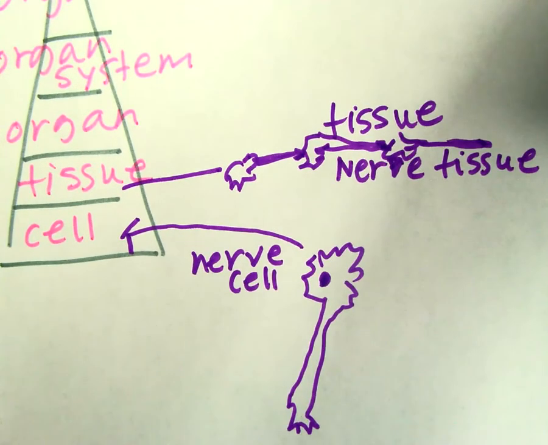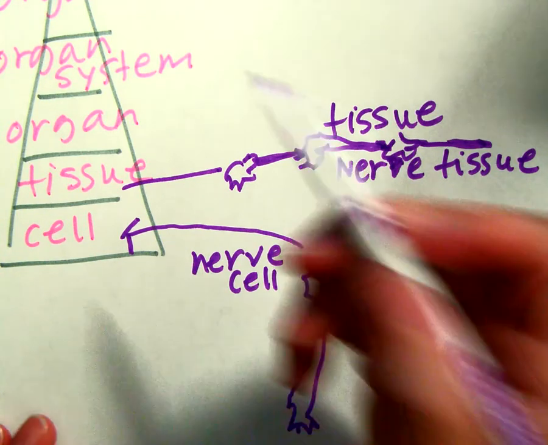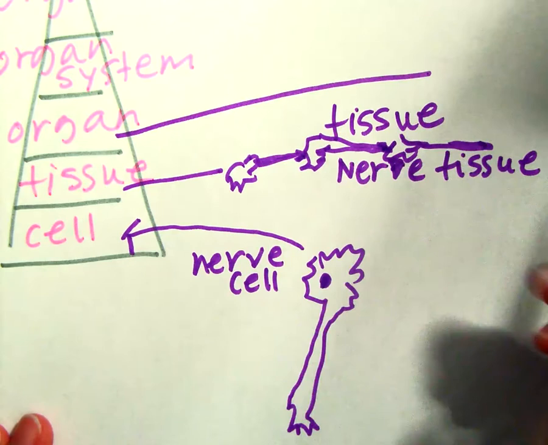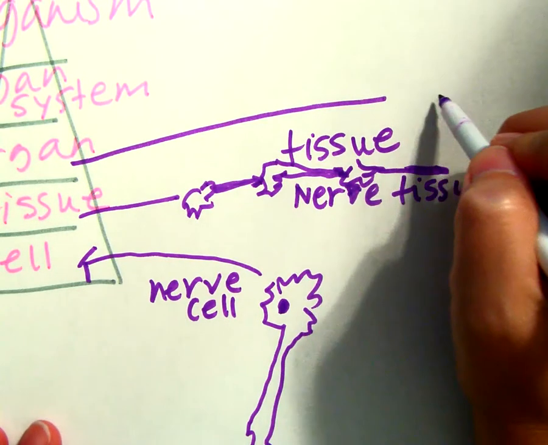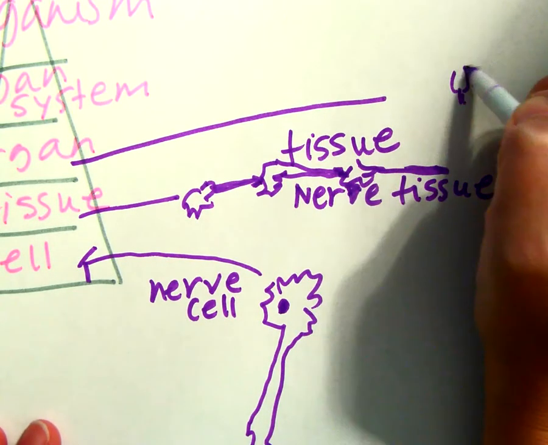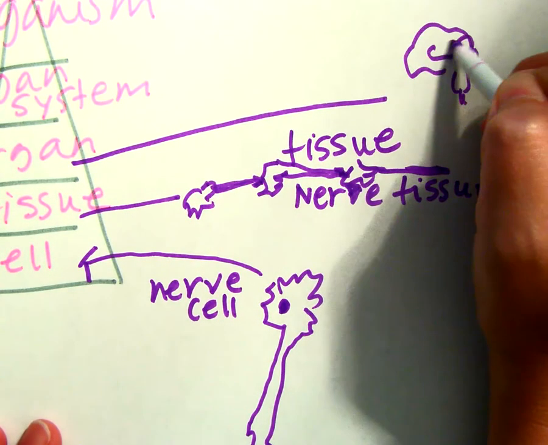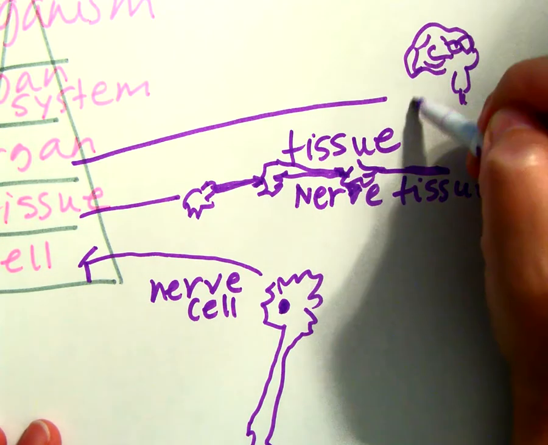Okay. When these tissues are working together, there's different types of tissues in the brain. When different types of tissues are working together for the same purpose, that makes an organ. So for this, it would be the brain. The brainstem back here. There's our brain.